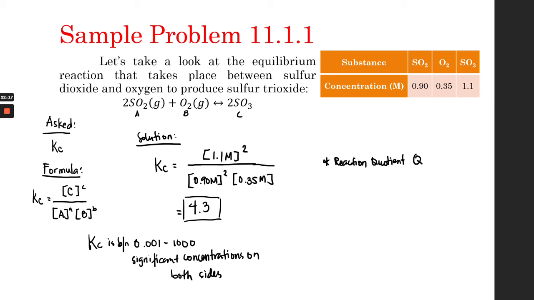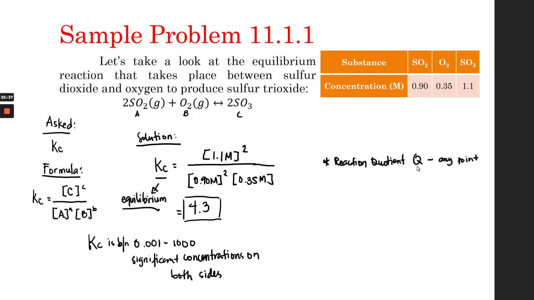The reaction quotient is basically the same as Kc. The only difference is that with Kc we use it at the time that the reaction is at equilibrium. As for the quotient, we use it at any point in the reaction.